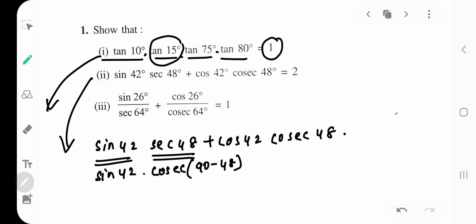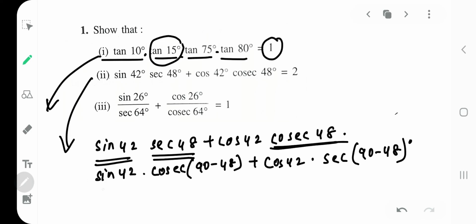Why? Because sec theta is equal to cosec 90 minus theta. Plus cos 42, I'll keep it as it is. And for cosec 48, can I write it sec 90 minus 48?